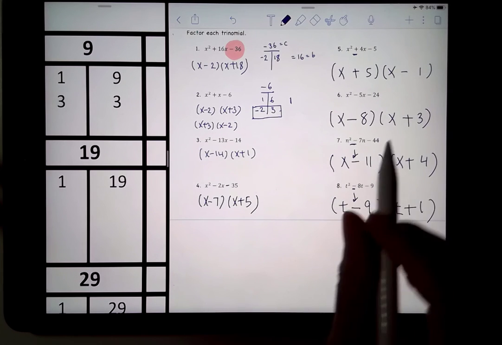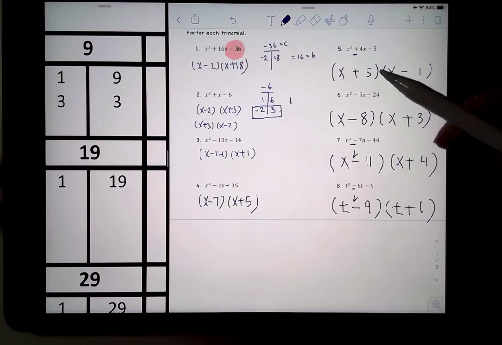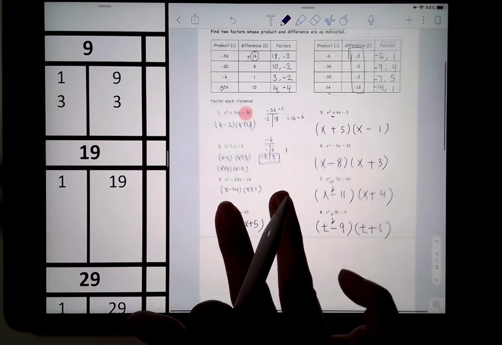Minus, same. That works only if you write the bigger number first, alright? But if you don't like it and you're kind of confident doing numbers, then it's not gonna be a problem for you, alright? So guys, this is it.